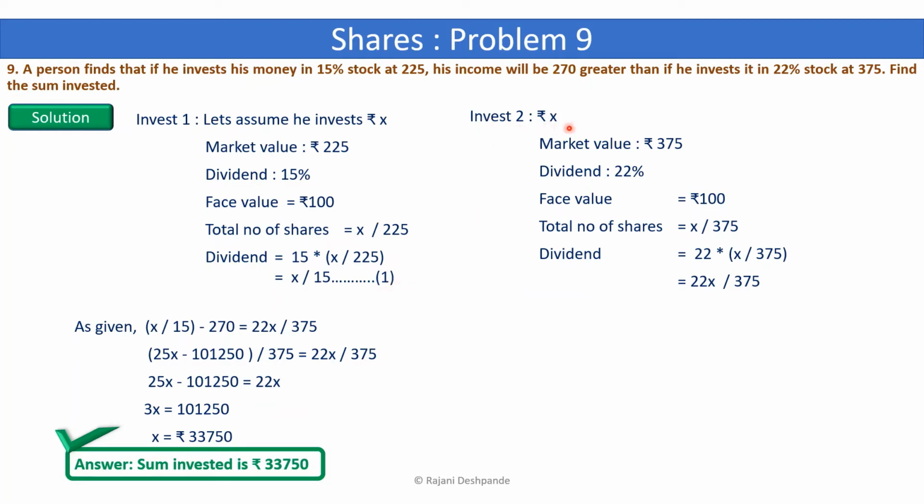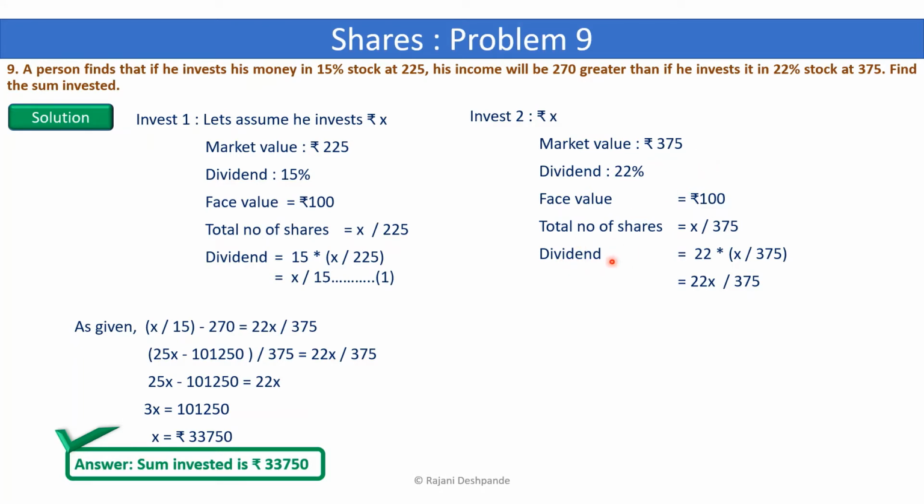Now in the second case, let us take the investment as X again. The market value is 375 for one share and the dividend is 22%. The face value we again assume to be 100. The total number of shares will be X divided by 375, because the market price of one share is 375.